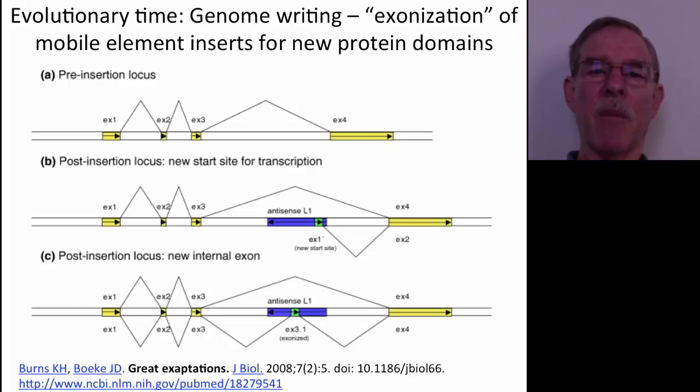So one of the problems of originating novel protein coding regions is solved by this process of exonization, and this replaces the idea of having to change proteins one amino acid at a time over incalculably long geologic or biological timescales. Here, a new protein coding sequence can come into being within a single generation.